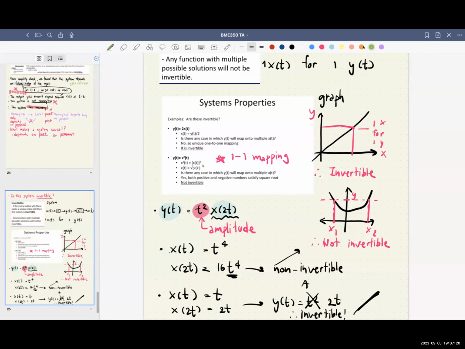For example, if y of t equals cosine of x of t, then multiple values of x of t can all lead to the same y, regardless of what x of t looks like. We don't even care what x of t looks like. Whenever the signal x of t is, let's say, pi or 3 pi, it will still give you the same y.